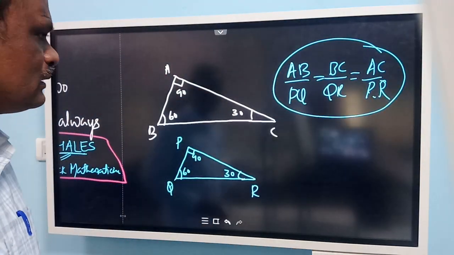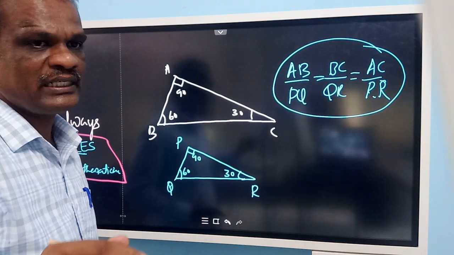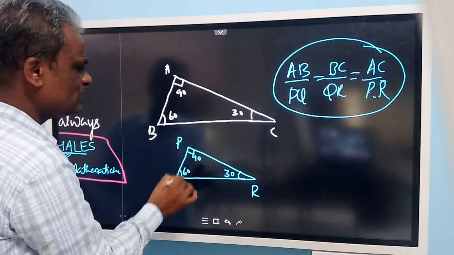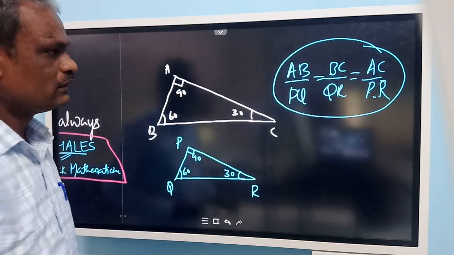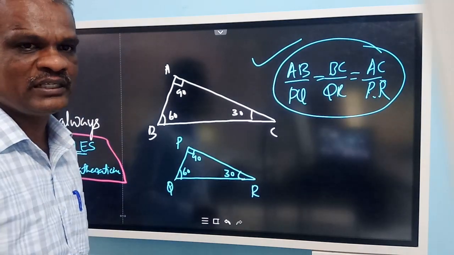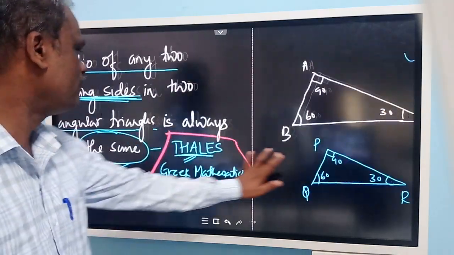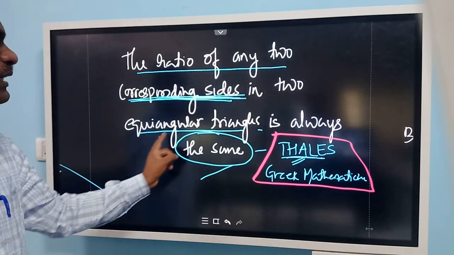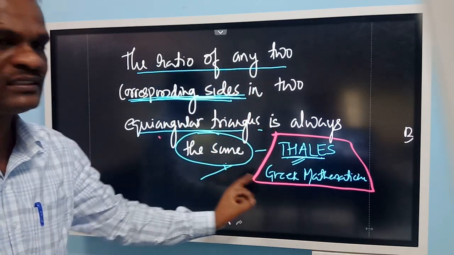Even if you don't check also, this is possible only in triangles. I am discussing now with the triangles. Since these two are equiangular, then you can write this one. Their corresponding sides are in the same ratio. As per this statement by Thales, ratio of any two corresponding sides in an equiangular triangle will always be same.